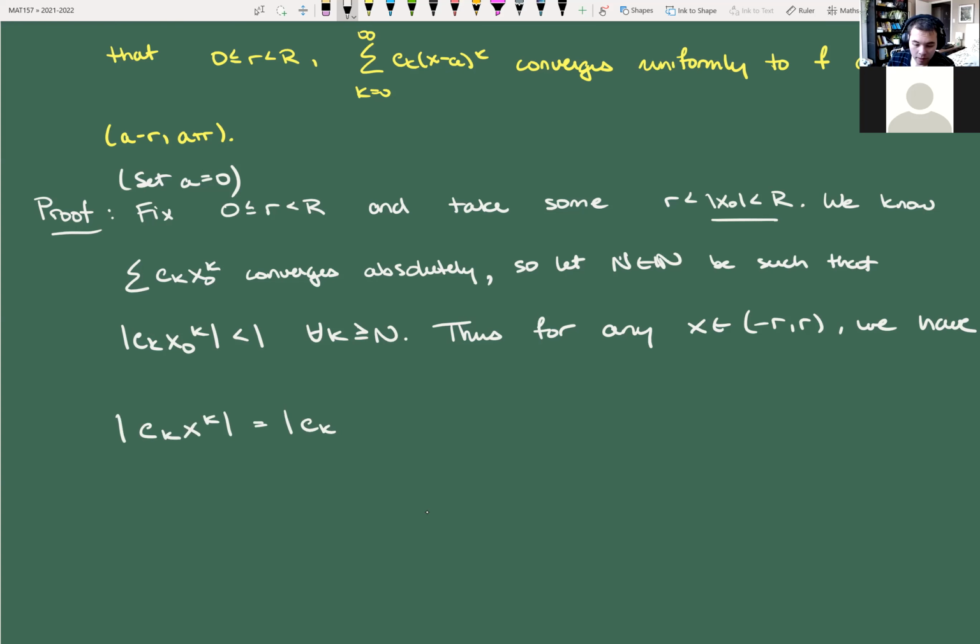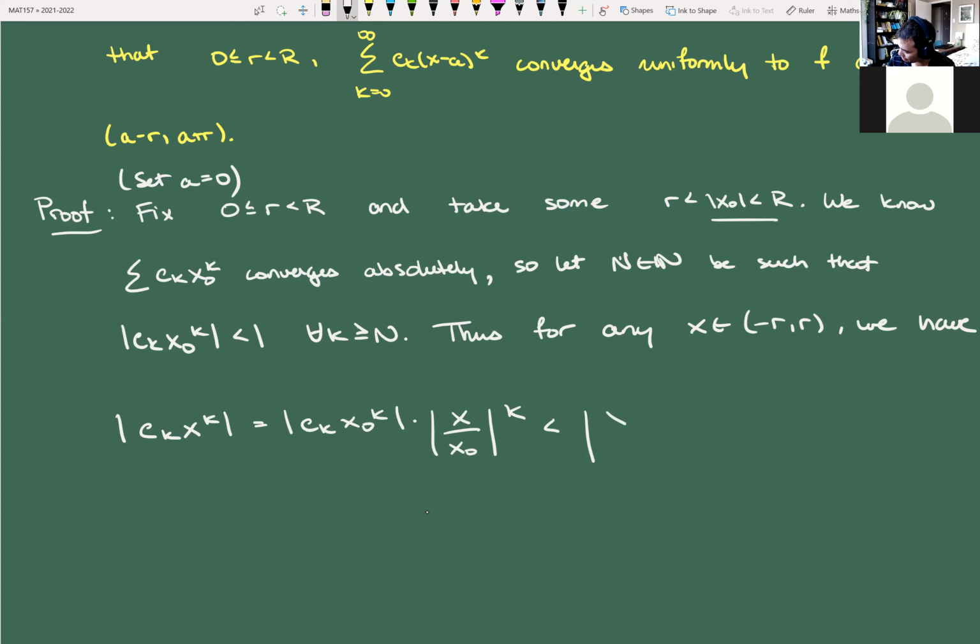Do I want to replace this with x or x naught? I want to replace it with x naught. So we're going to do x naught to the k times x. Could I have gone straight to R? I don't think so. Yeah, because I need this to be less than 1 here.